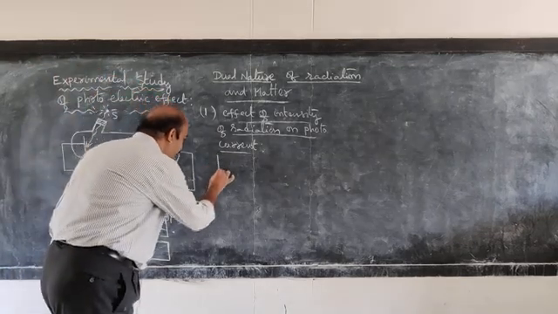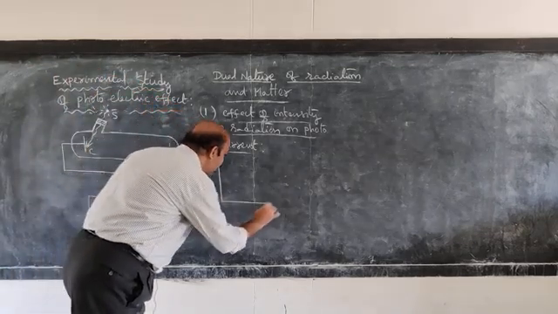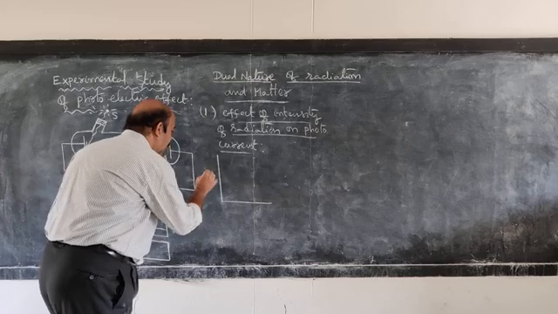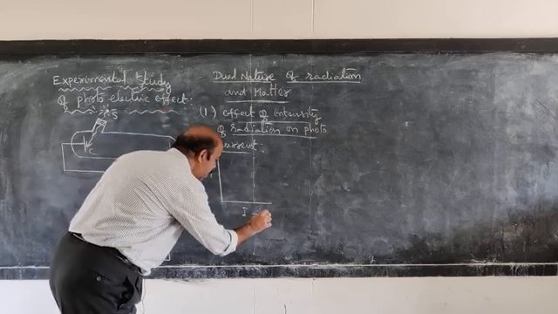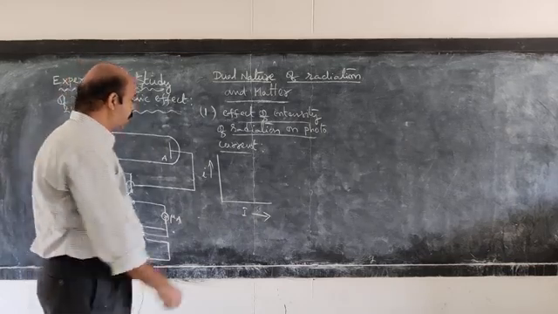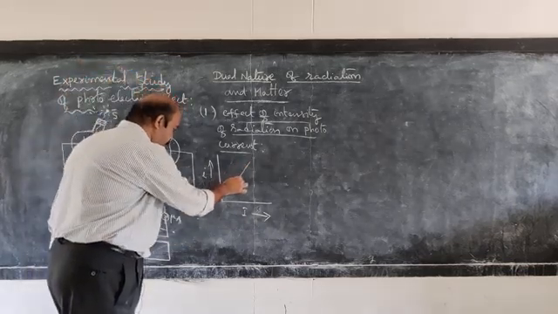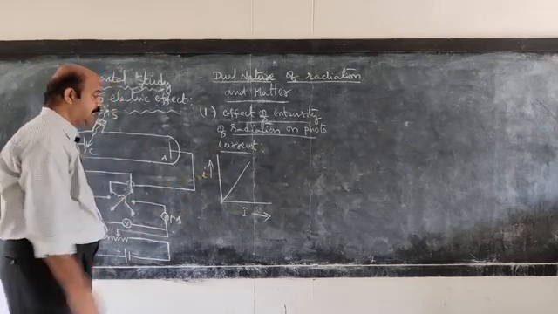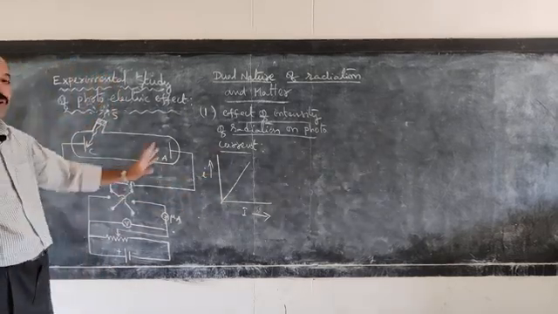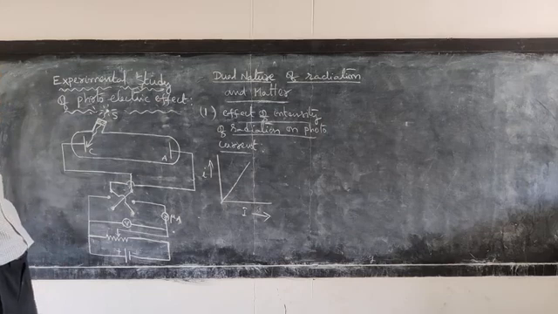If a graph is drawn between the photocurrent on the y-axis and intensity on the x-axis, a straight line is obtained. That shows that with increase in intensity, the photocurrent increased.